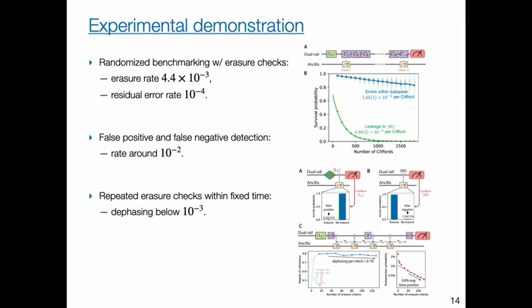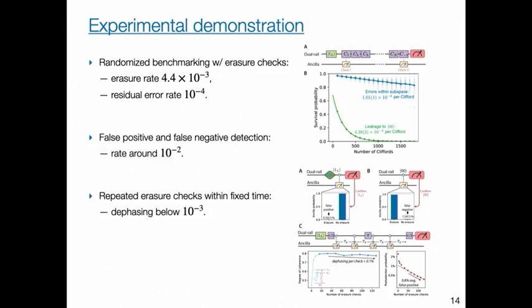And lastly, we also want to see that the dephasing of the dual rail qubit due to erasure checks is pretty small. So we evolved our dual rail qubit for some fixed amount of time, and at equal times we performed erasure checks.